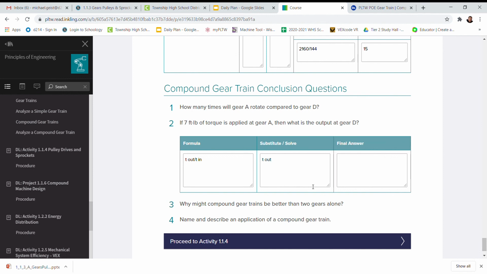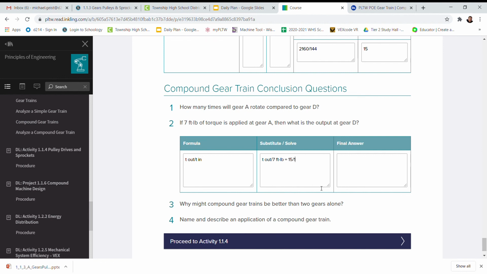Torque out, we want to solve for, the torque in is 7 foot-pounds. We're going to set that equal to our gear ratio of 15 over 1. So if I cross multiply and divide, and I apologize for it being on a straight line because I'm typing, but if you cross multiply and divide, you should be able to solve and figure out what is the output torque of this total gear ratio, using the total gear ratio of this system.